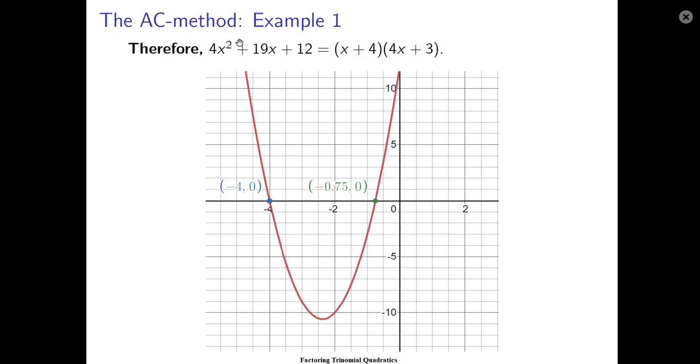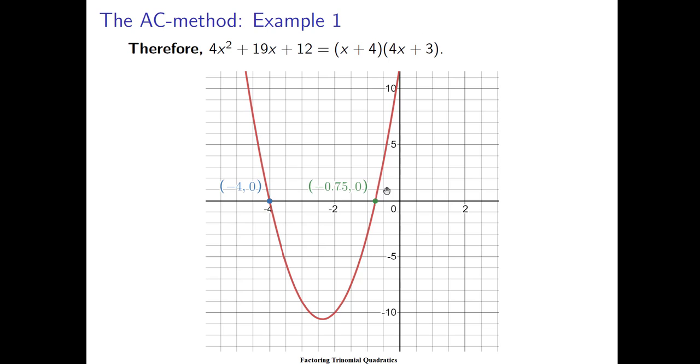Now, if you were to graph this quadratic, so if you were to consider this maybe y equals 4x squared plus 19x plus 12, then you can see that it has two zeros, and we can spot one pretty quickly. The first one here, negative 4 on the left, and I can see that that's indeed a 0 of one of our factors.